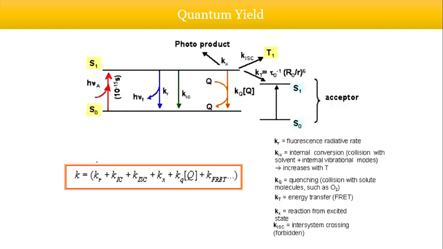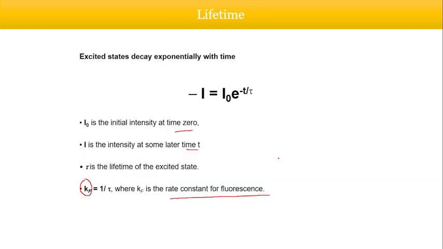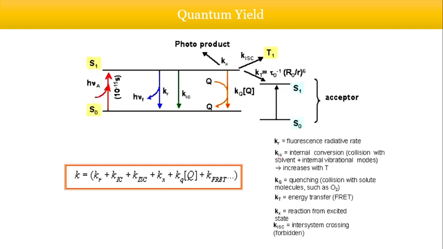This is a complex equation, but this k value, which is our rate constant for fluorescence, is dependent on other factors as well, and it is a summation of your fluorescence radiative rate. Then you have your internal conversion, which involves collision with the solvent plus your internal vibrational modes, and this value increases with temperature.